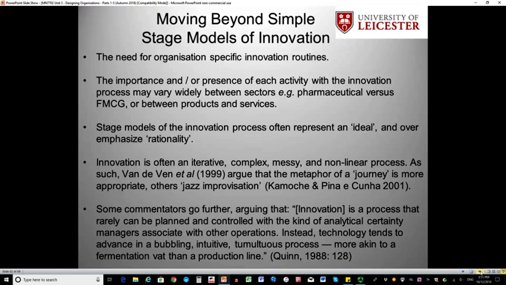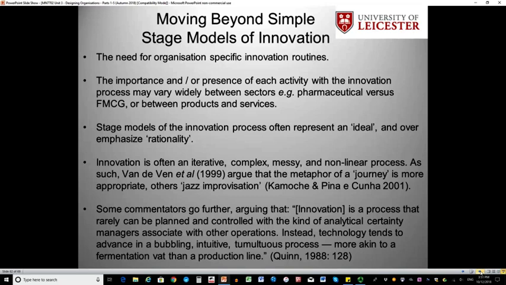In emphasizing rationality, it underplays people and underplays the way that people operate within organizations, particularly the politics that goes on in organizations.